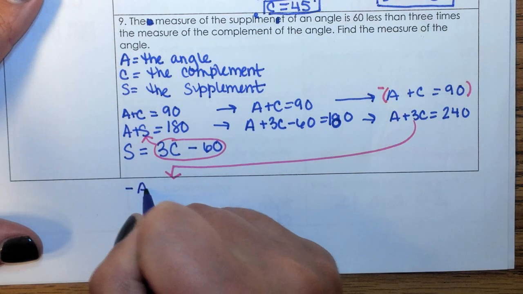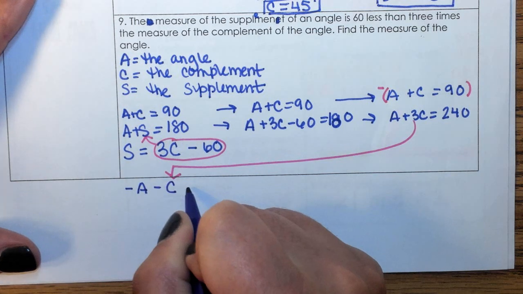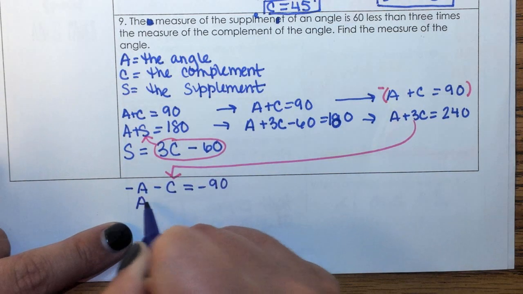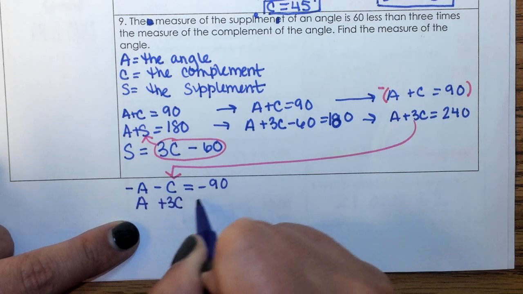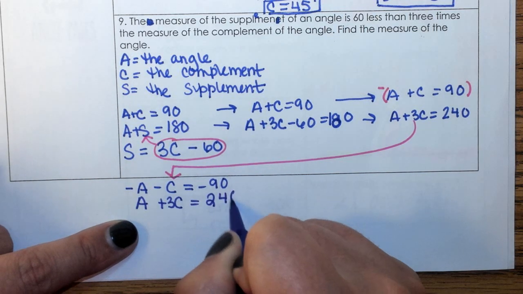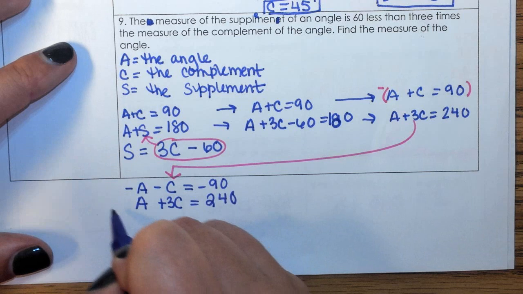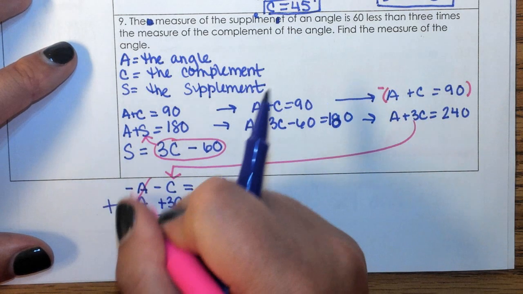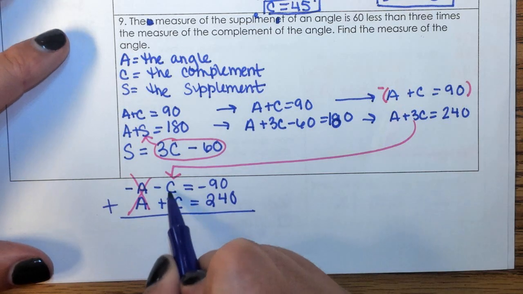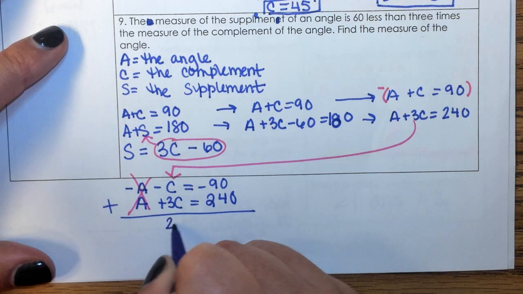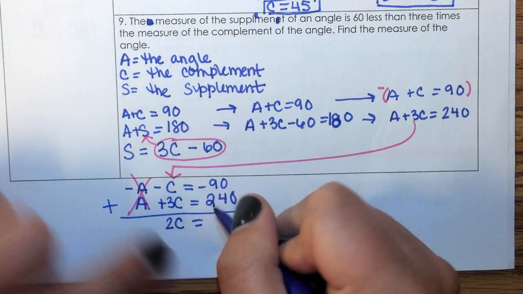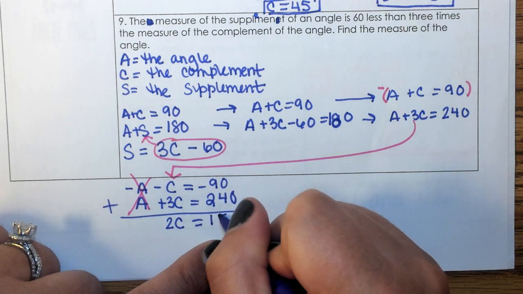So it'll be negative A minus C equals negative 90, and then we'll have A plus 3C equals 240. Okay, so we are going to add these equations together. The A's cancel. Negative C plus 3C is 2C, and negative 90 plus 240 will get us 150.